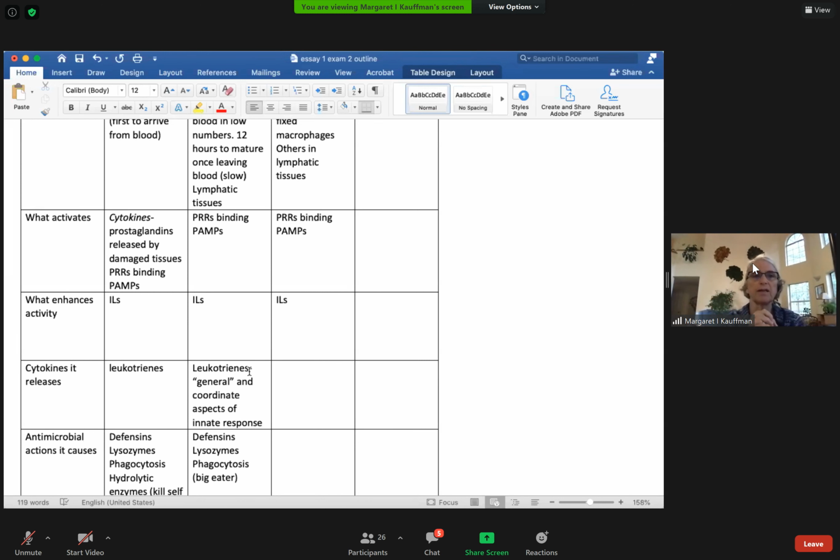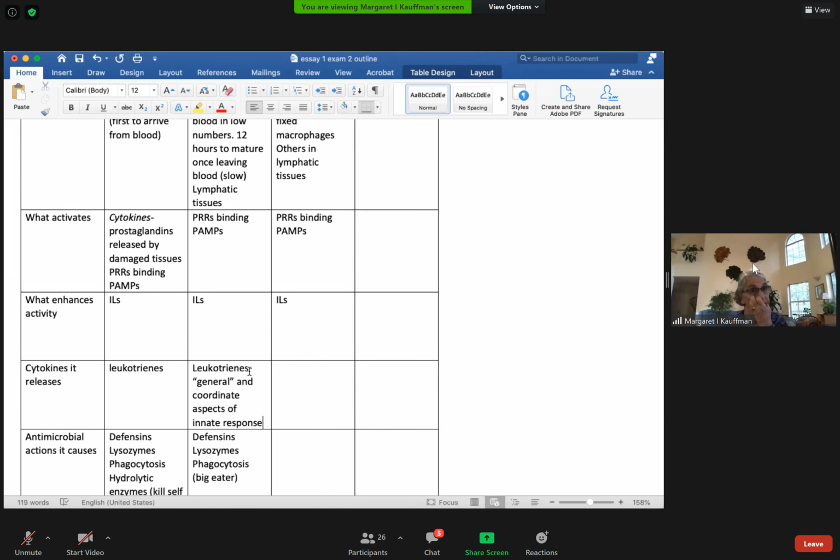We'll see that macrophages, once they get into the tissue and they're activated, are releasing quite a few cytokines, some of which are in that table, that then tell the liver to make more of lectins that we'll talk about later.